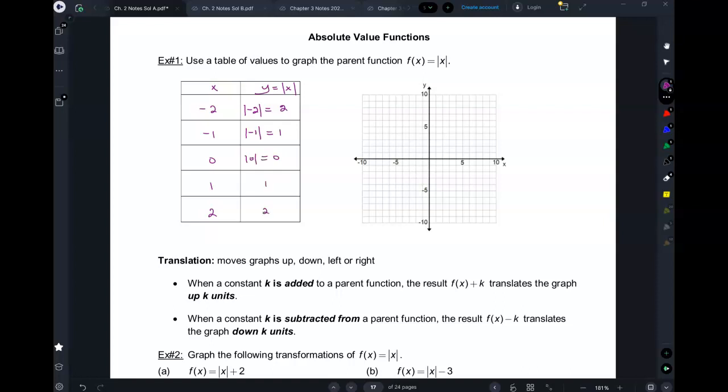And this is why we had to do all those calculations by hand without a calculator in chapter 1. Do you see that? It wasn't because I was trying to give you guys a hard time. So at -2, y is 2. At -1, y is 1. 0, 0. 1, 1, 2, 2.